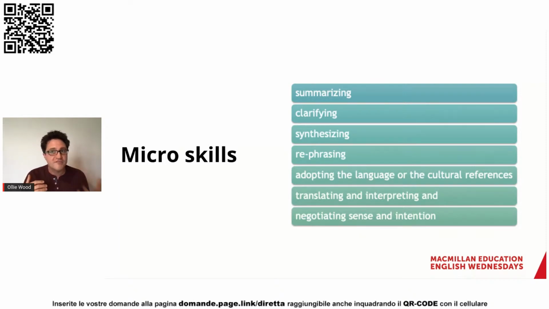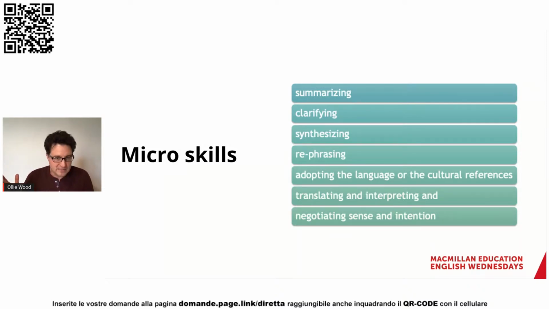If we rephrase, what we're doing is adapting the text. When we're summarizing, as I mentioned all the way at the beginning of this webinar, what we're really doing is then streamlining the text. And all these microskills make up the strategies we need for good mediation practice.